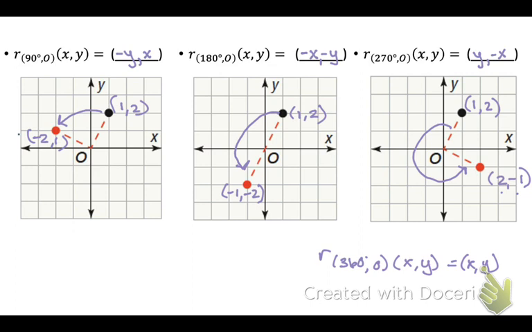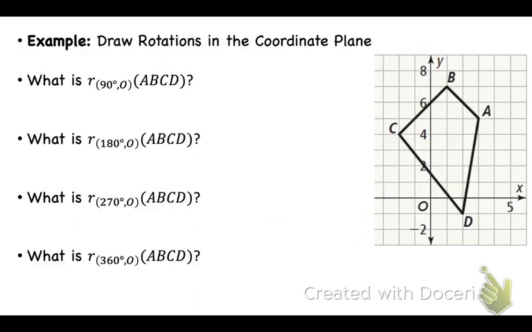So let's get some examples done. Okay, so we're going to do 90, 180, 270, 360. So we probably should write the points for each one. What is A? 3, 5. Anybody not agree, you better holler.